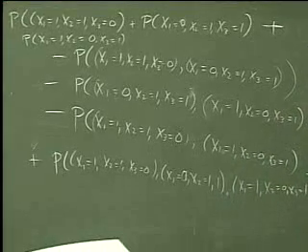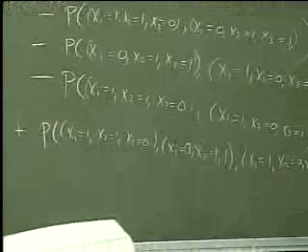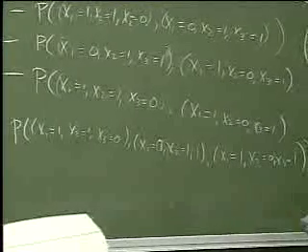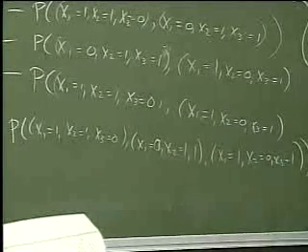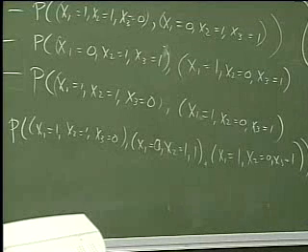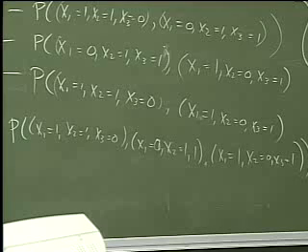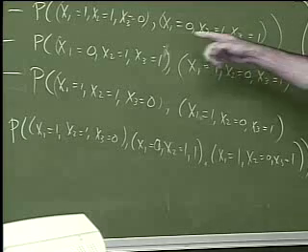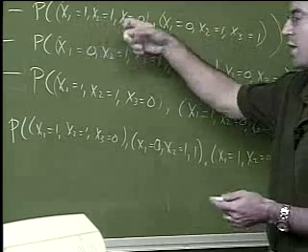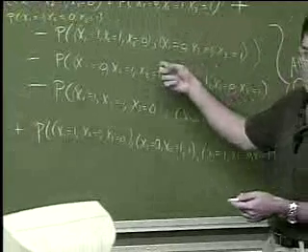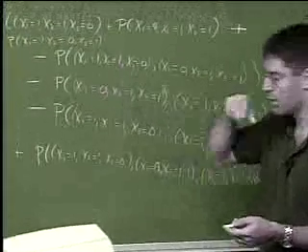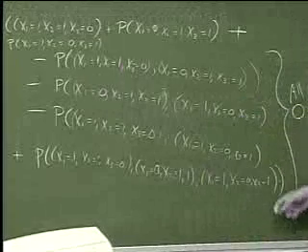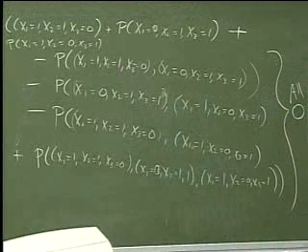Right? And all of these are just clearly 0 in this case. Why? Yeah, exactly. This one here says x1 equals 1 and whatever, and x1 equals 0. x1 can't be 1 and 0 at the same time. So this is clearly 0, and you can find a similar contradiction in each of those.